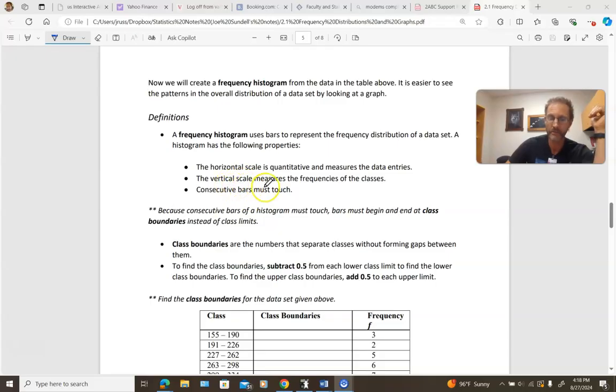And then consecutive bars must touch. That's one of the differences between a frequency histogram and just a regular bar graph. A regular bar graph, the bars don't typically touch. And furthermore, the height of the bar typically doesn't represent the frequency. It represents some other numerical value.